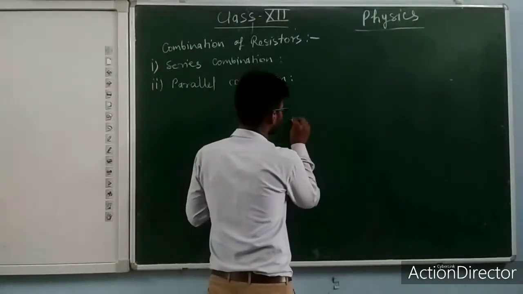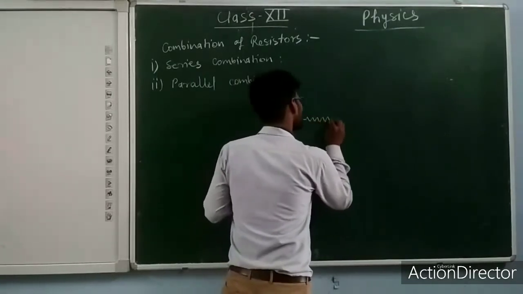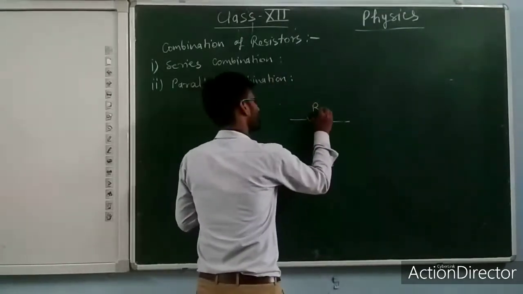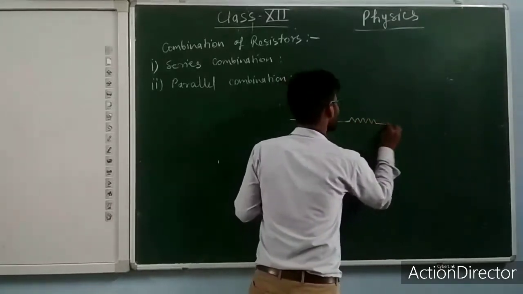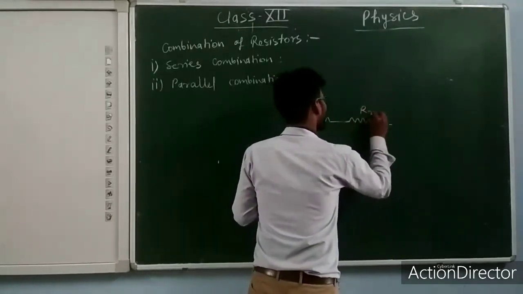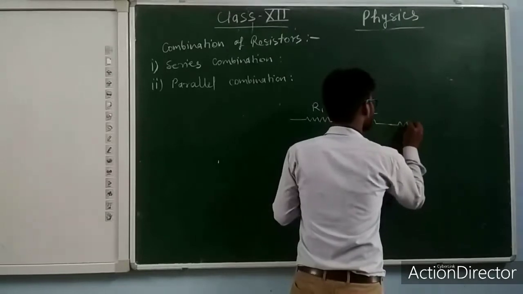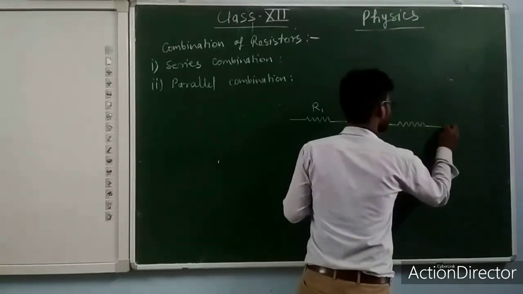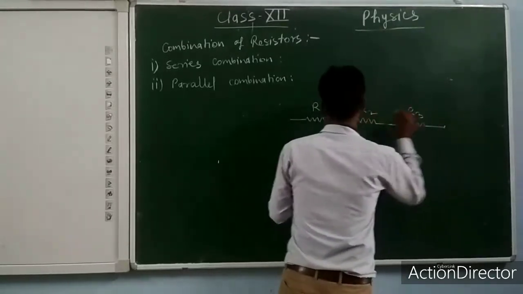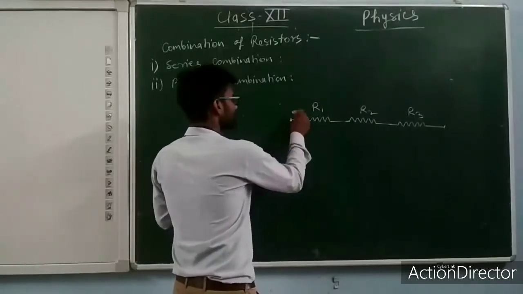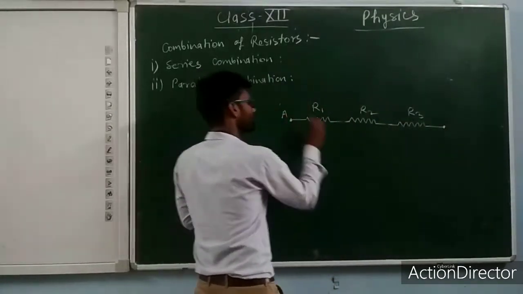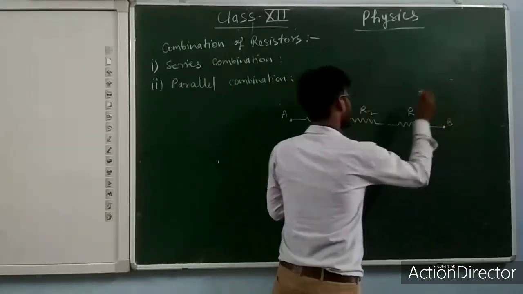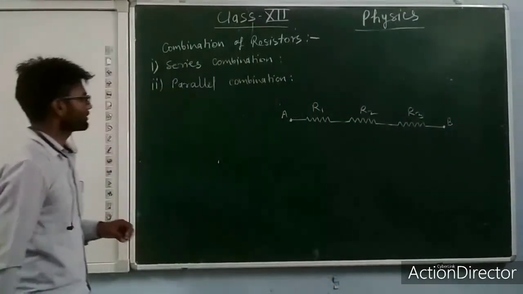Just look here. The first resistor of resistance R1, second resistor that is R2, and third one is R3. These resistors are connected across the points A and B, right?